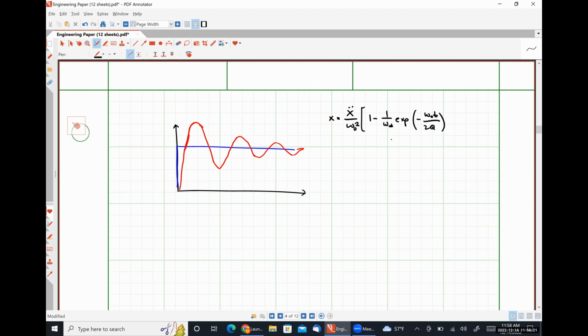And then this is being multiplied by a whole thing over here. Omega naught over 2q sine omega dt plus omega d cosine omega dt. Close that parentheses and close that parentheses. So all of that is multiplied together.